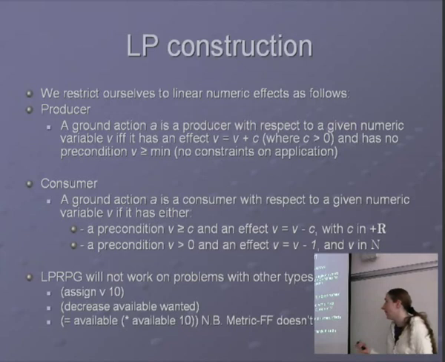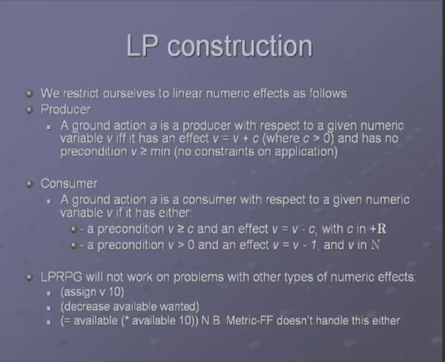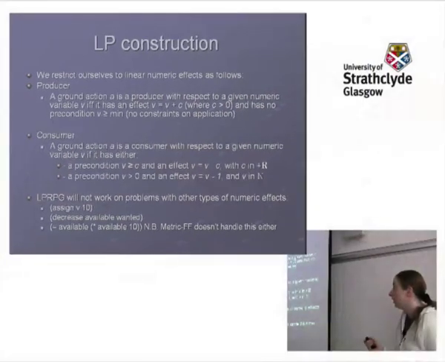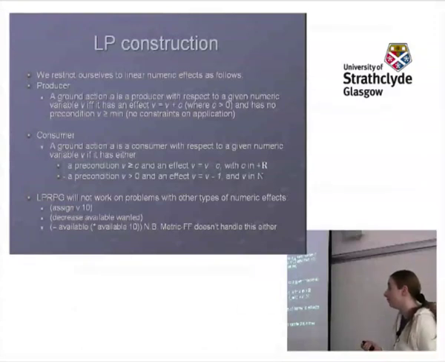So the first thing I'll say is, in order to construct our LP, we have to make some restrictions on what subset of the language we can handle. So if you remember, I was talking about producer actions and consumer actions. LPRPG can't handle any other type of numeric actions. So a producer action is a producer with respect to a given variable if its effect is v = v + c.